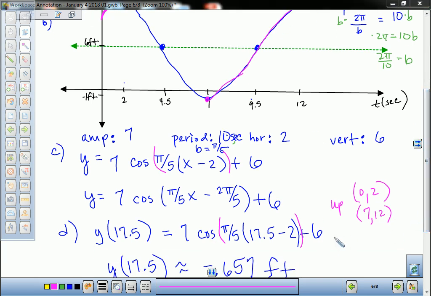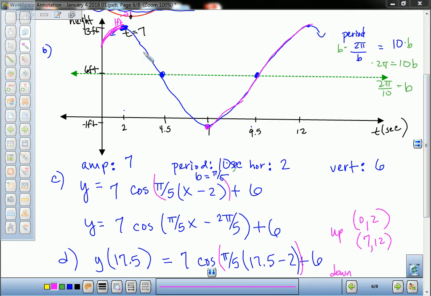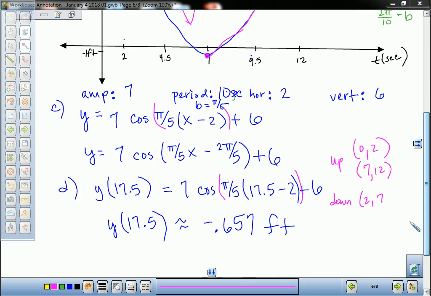And it goes down from 2 to 7, and then after 12 it goes down again, from 12 to 17. It's periodic, so we could continue these indefinitely. That's good enough.